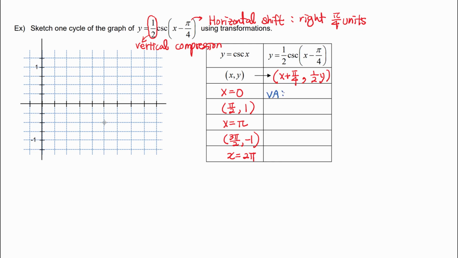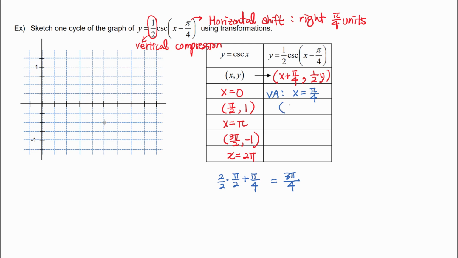So first vertical asymptote will go to x equals pi over 4, since 0 plus pi over 4 is pi over 4. And the second point, pi over 2 plus pi over 4, we're going to multiply first fraction by 2 over 2. So you get 2 pi over 4 plus pi over 4, which is 3 pi over 4.